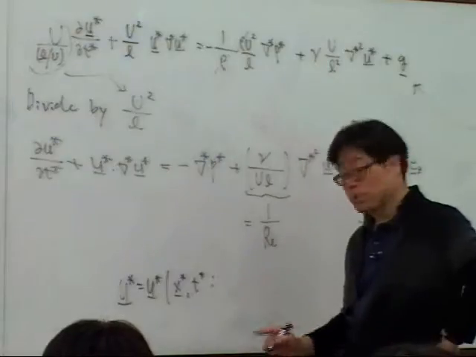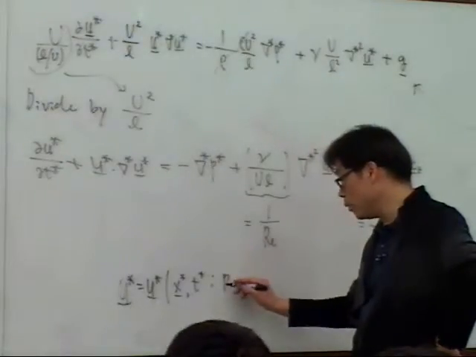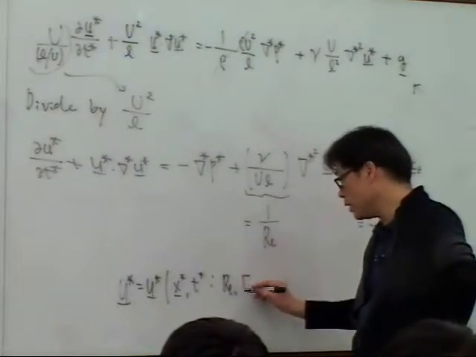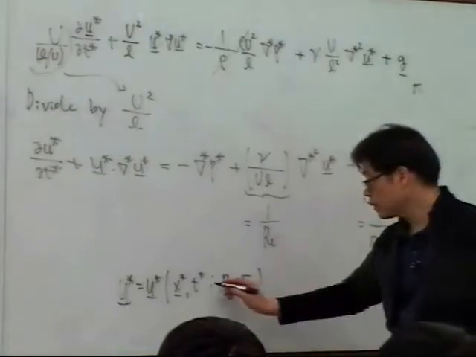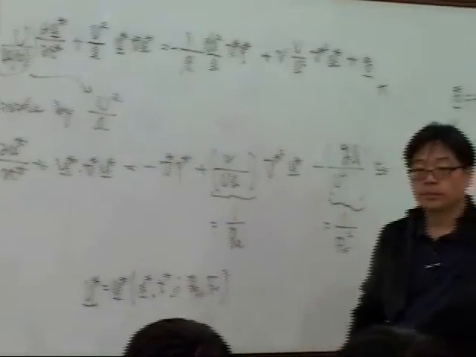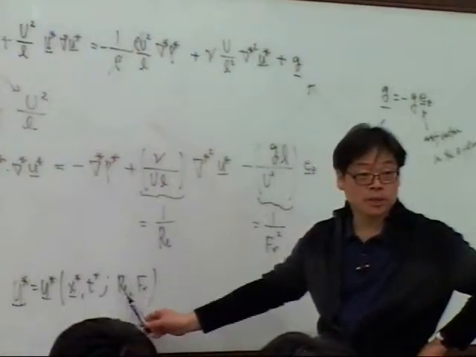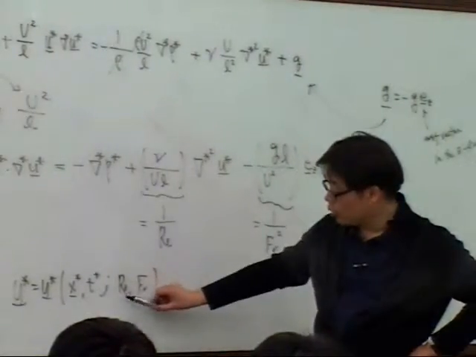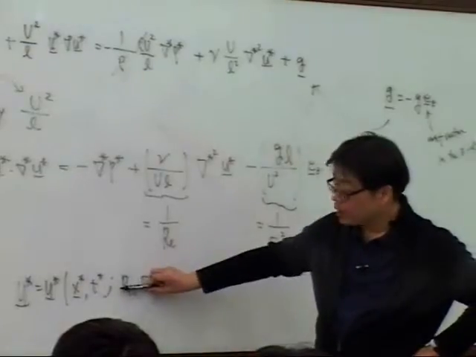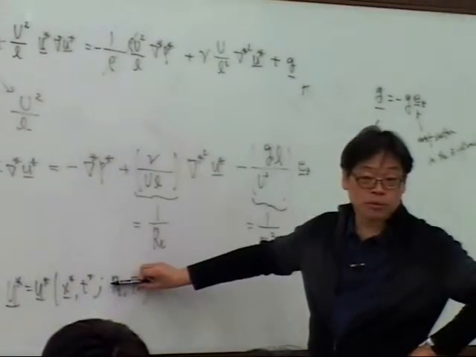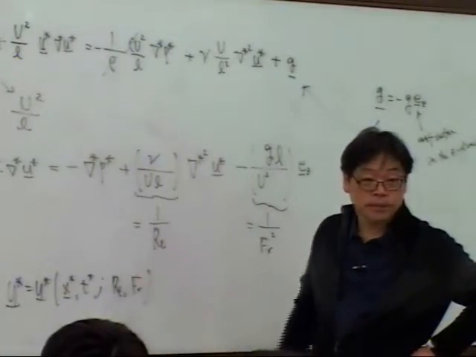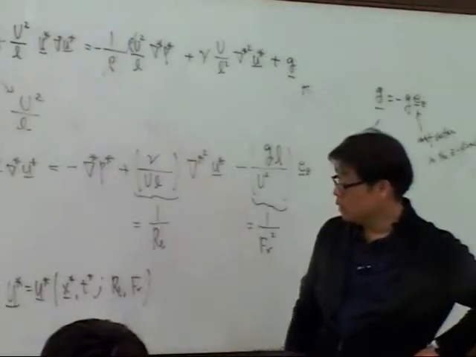But that solution depends on two parameters: one is Reynolds number, and the other is Froude number. So these are independent variables, and these are the parameters involved. Once you fix one Reynolds number and one Froude number, then U will be a function of space and time. That's what I mean by this.